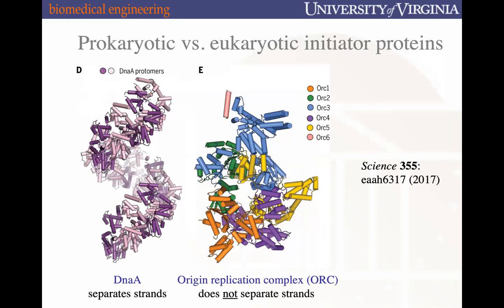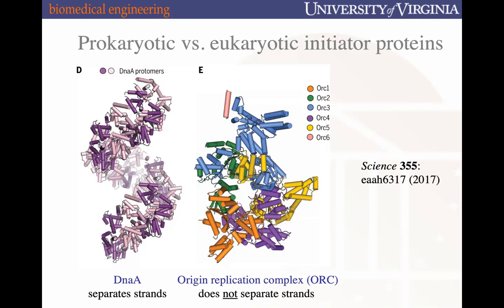Oh, that's a good question. You can ignore that. This was pulled from a paper that did the crystallography to define these proteins, and so it's part D and part E of that figure. So DnaA is prokaryotic.